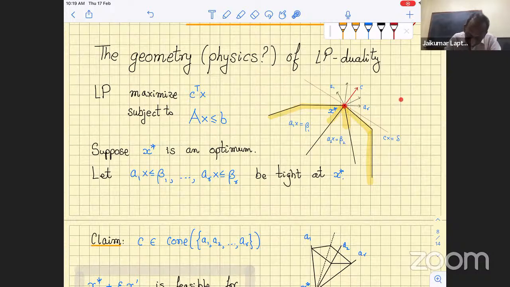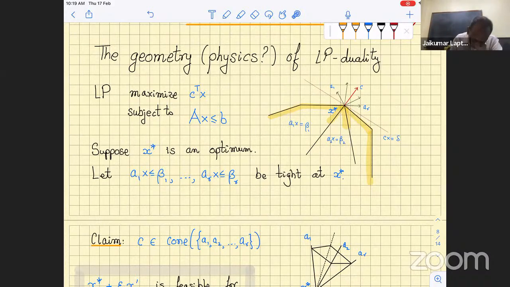Now look at all those inequalities which are satisfied with equality. Some of these inequalities have become tight at this point. Presumably, if none of them is tight, then we could have moved the point slightly in the direction of the objective function.